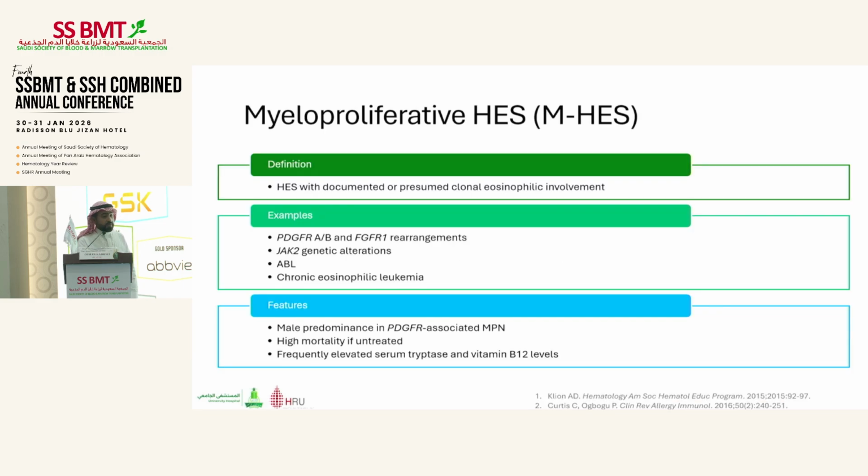So for the myeloproliferative ones, we tend to do PDGFR alpha and beta, and also FGFR1. And I do believe that in 2026, relying on only a single one is not efficient, or sufficient, I should say. We tend to do the PDGFRA and then stop.